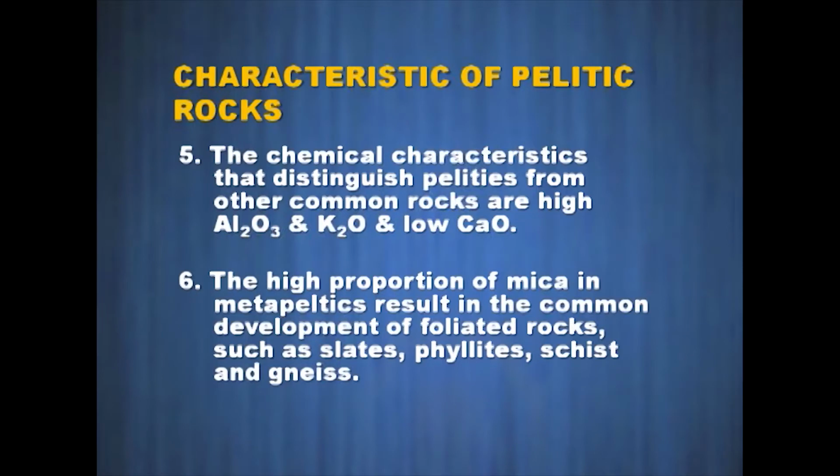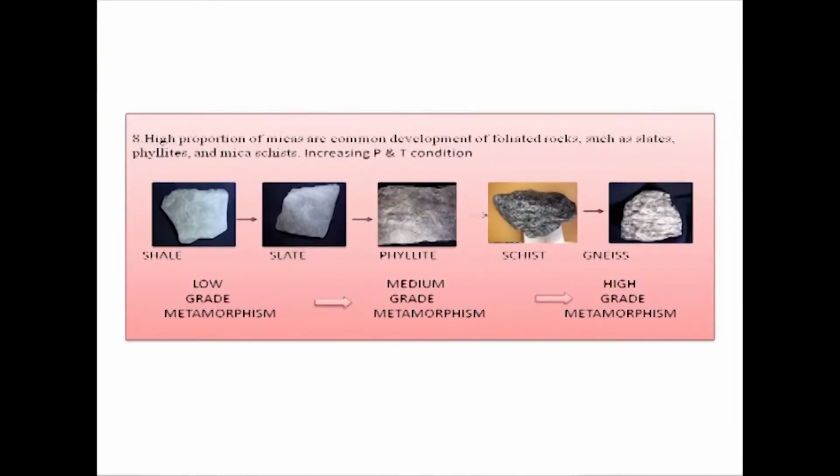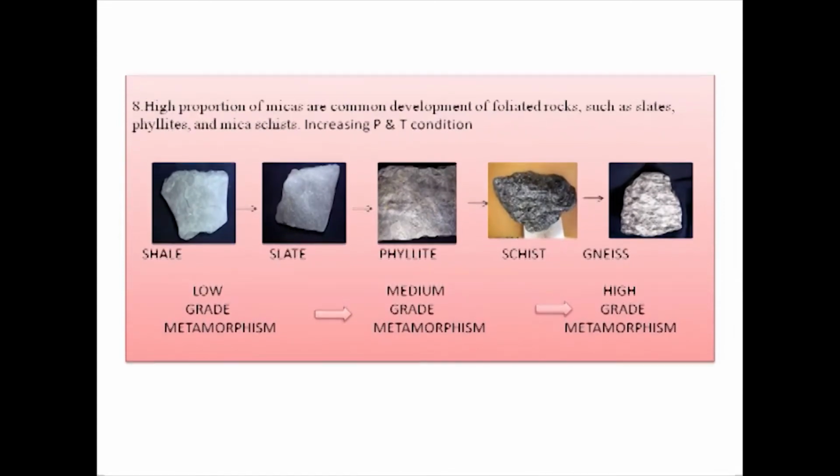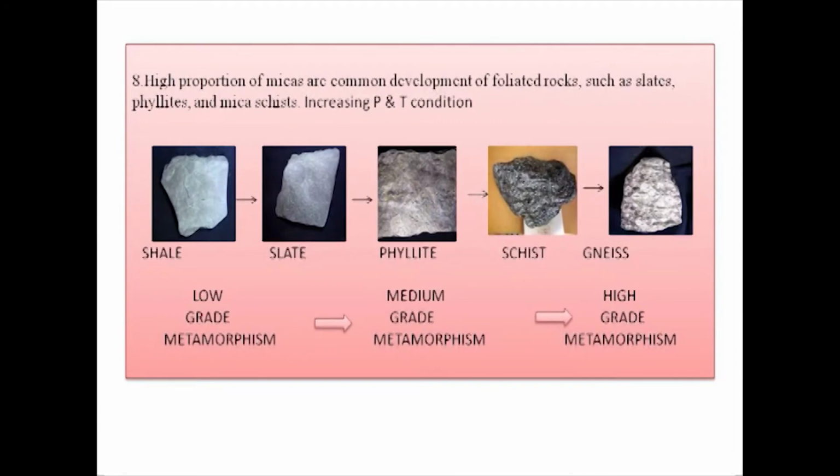Fourth, other common constituents include feldspar, both albite and potash feldspar, iron oxides and hydroxides, zeolite, carbonates, sulfides, organic matter, etc. Fifth, the chemical characteristics that distinguish pelitic rock from other common rocks are high Al2O3 and K2O and low CaO. Next, the high proportion of mica in metapelites results in the common development of foliated rocks such as slate, phyllite, schist and gneisses.